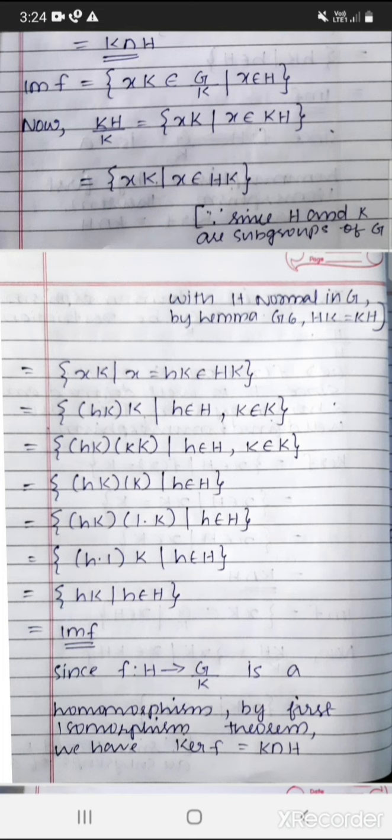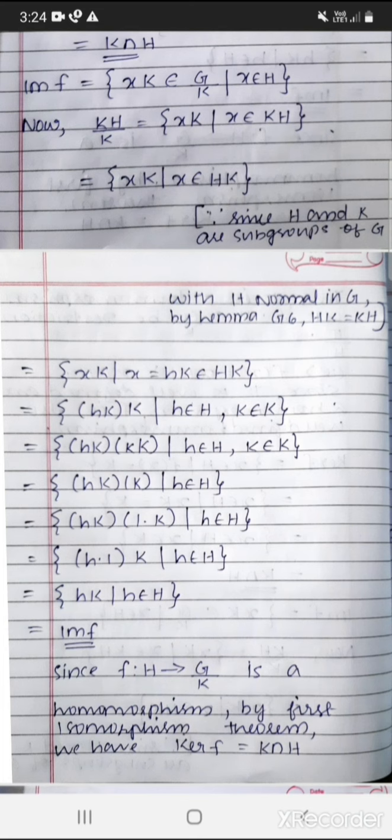Now I am taking hk into kk where k belongs to K. So hk into kk is nothing but k. So hk into k is equal to the set of all h into, instead of k I am writing 1, into k, with h belongs to H. Now I am grouping these elements.